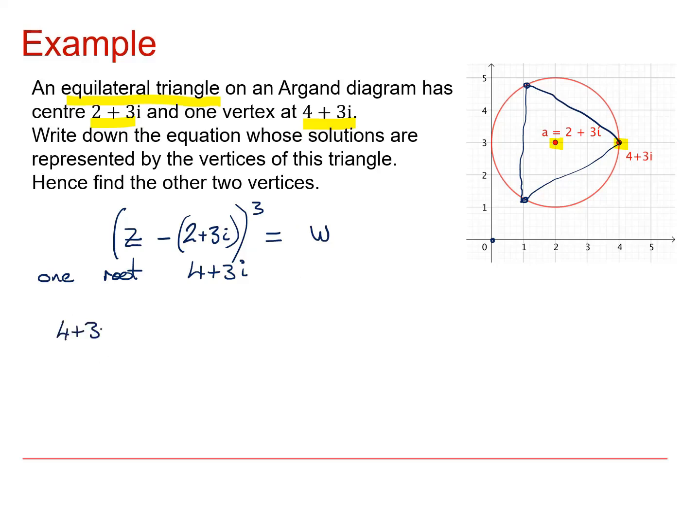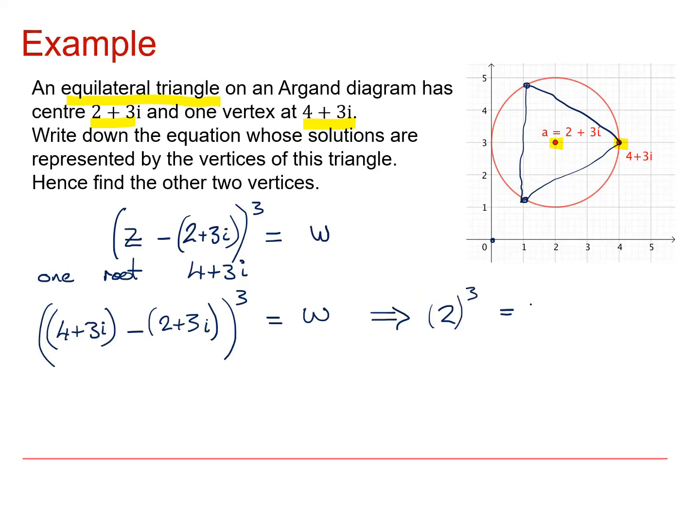So (4 plus 3i minus (2 plus 3i)) all cubed is equal to w. In the bracket, 4 minus 2 is 2, and 3i take away 3i is nothing, so I've just got 2 inside the bracket, and that's cubed. So w is equal to 8.